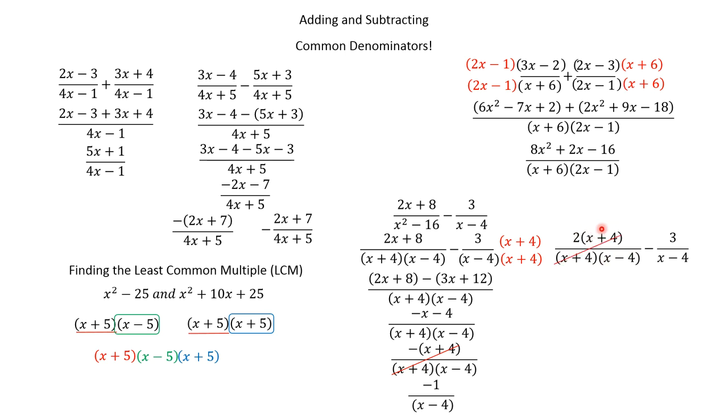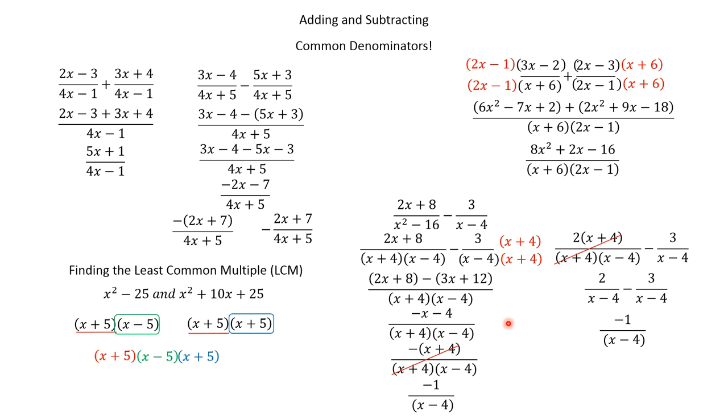That leaves us with 2 over x minus 4 minus 3 over x minus 4. Well, if we have 2 over something minus 3 over something, that just gives us negative 1 over that same something. And so that was a few less steps if you saw it, but if you didn't, this way can still get you to the exact same place.